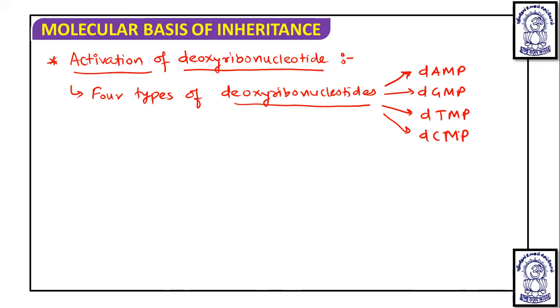Like this, four types of deoxyribonucleotides are there, which are activated by phosphate energy and the enzyme phosphorylase. Okay, these four nucleotides are there.